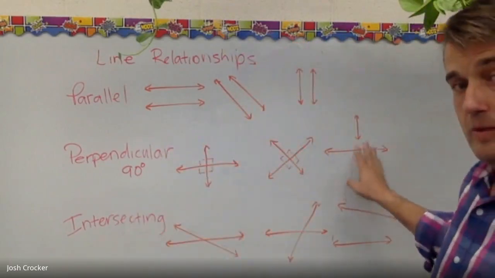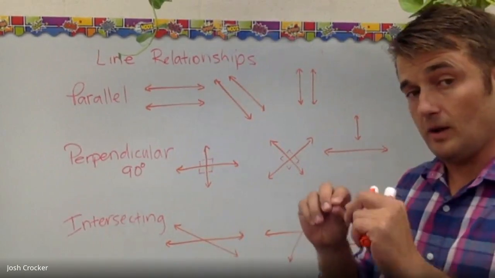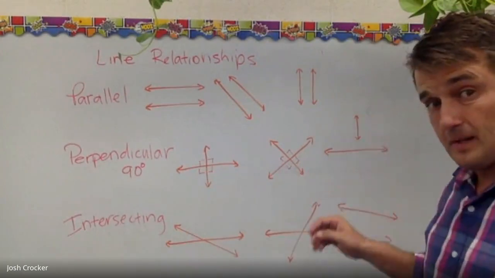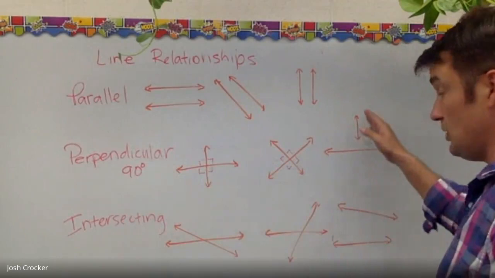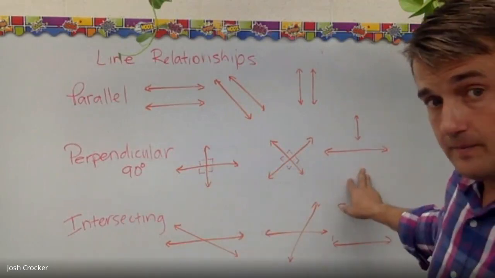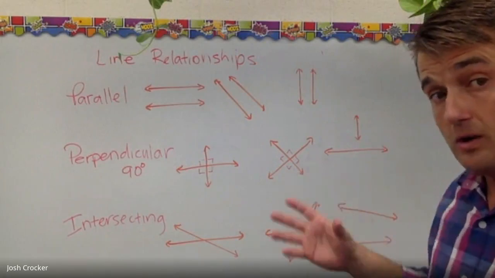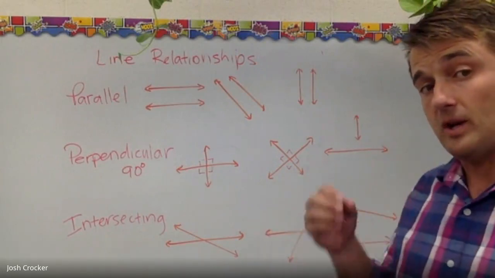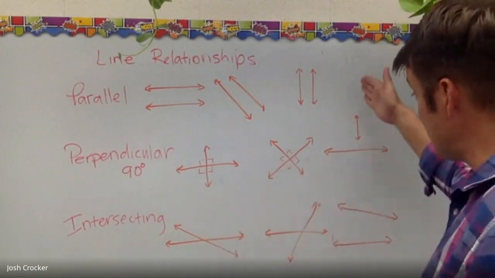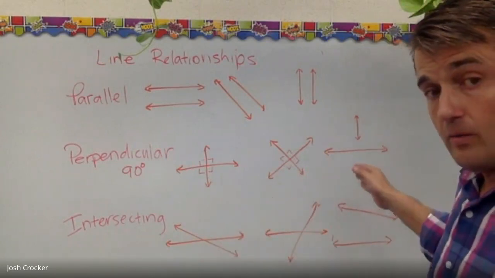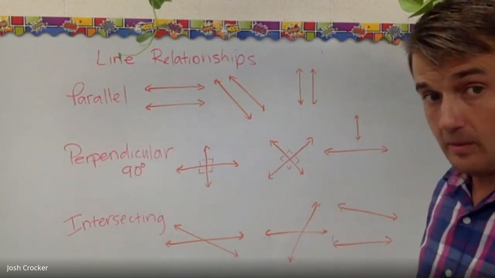Now, day one, when we talked about lines, we talked about how we only draw a piece of them. That arrow means it goes on forever. So you might see something like this where they haven't actually crossed yet in the drawing, but the idea of a line is that they go on forever, and we can see that when these two lines eventually do cross, they will make a right angle.